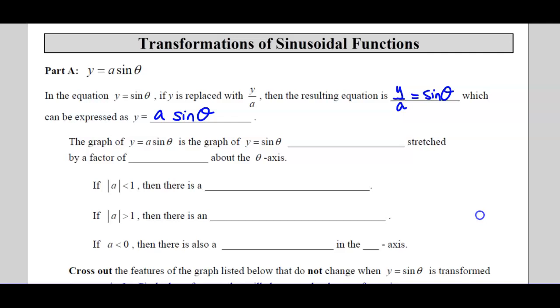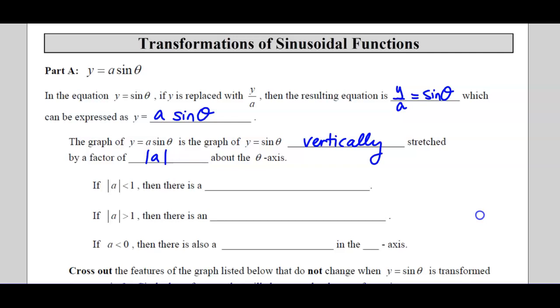So that is the original, vertically stretched by a factor of, well, a could be negative, so we're going to say absolute value of a, just to make sure. Okay, now, if that absolute value of a is less than 1, so that would be like a half, or 0.7, or 0.9, that's a vertical stretch by that factor.